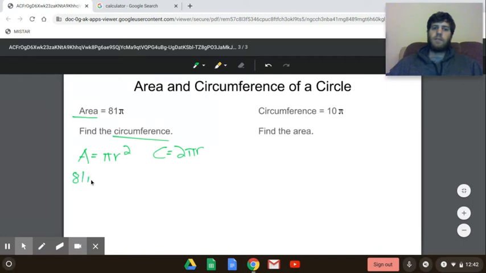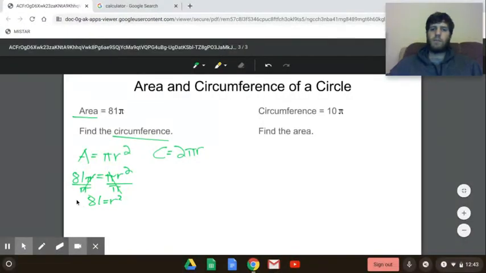Remember, pi is just a number. Right? It's not a variable, it's a number. So 81 pi equals pi r squared. We can divide both sides by pi. So that cancels, you get 81 equals r squared.